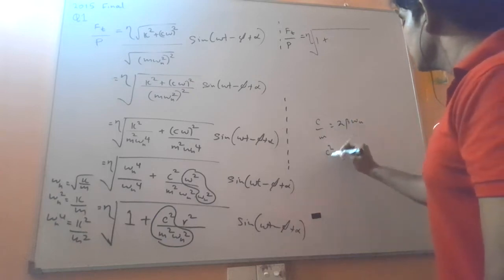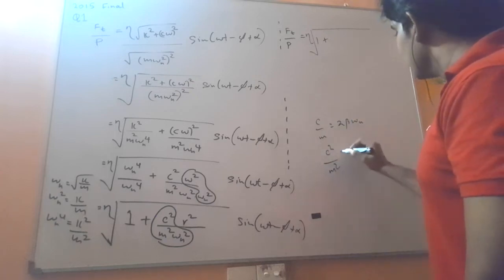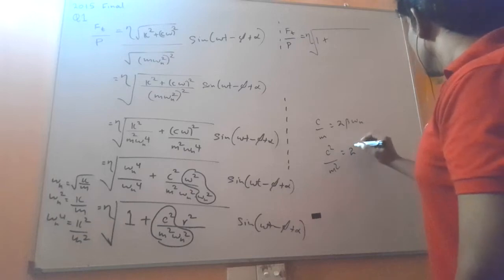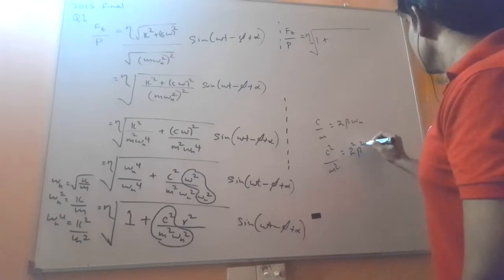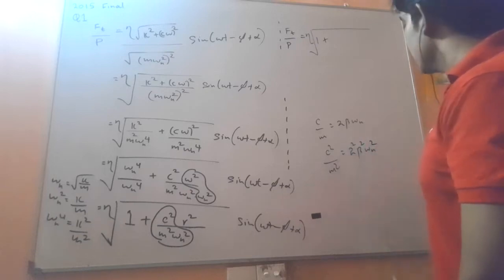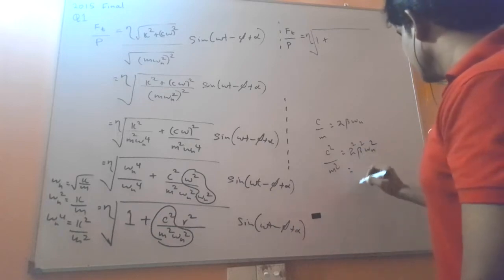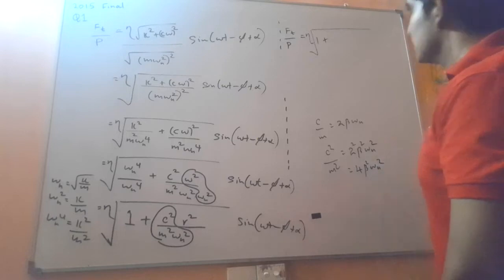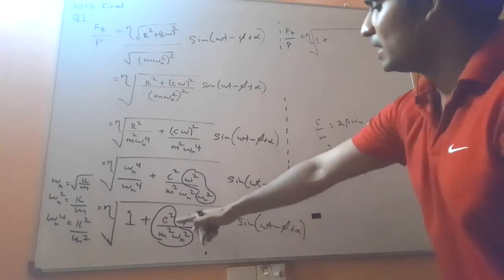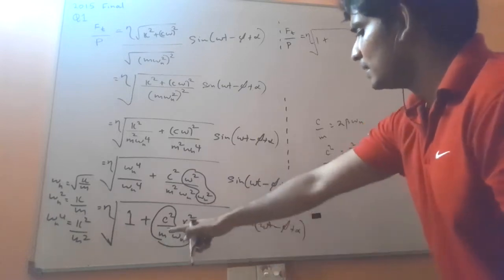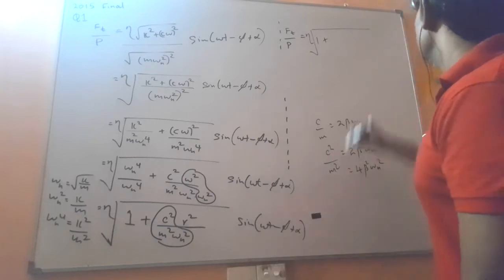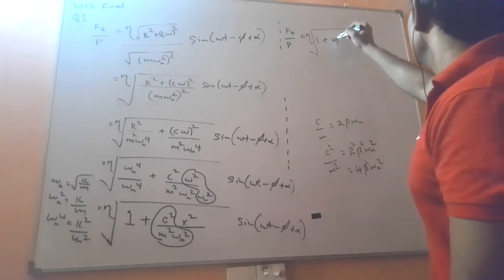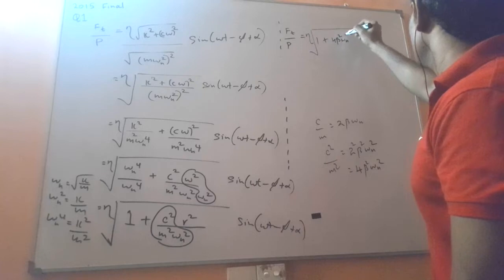So that means c squared divided by m squared means 2 squared beta squared omega n squared, right? Anyhow 2 squared means 4, that means 4 beta squared omega n squared. So then c squared divided by m squared is 4 beta squared omega n squared.